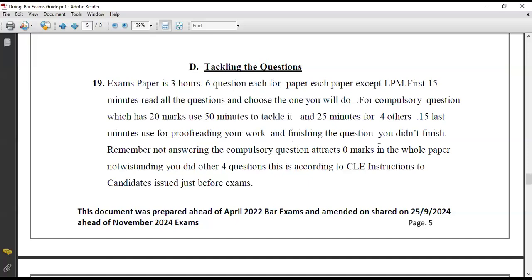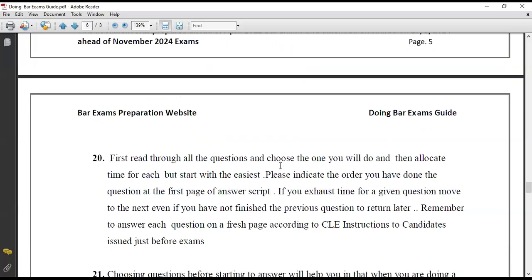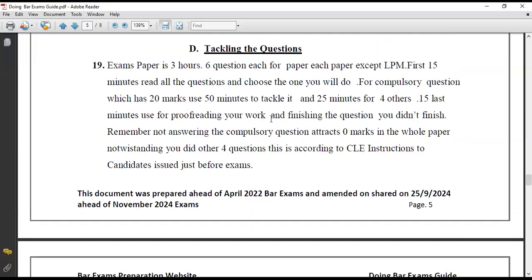Remember, the compulsory question attracts 0 marks in the whole paper if not done, notwithstanding the 4 questions. So if it is a question of 20 marks, use 50 minutes. Time yourself, write that down. If it is a question of 25 marks, you use 13 minutes.